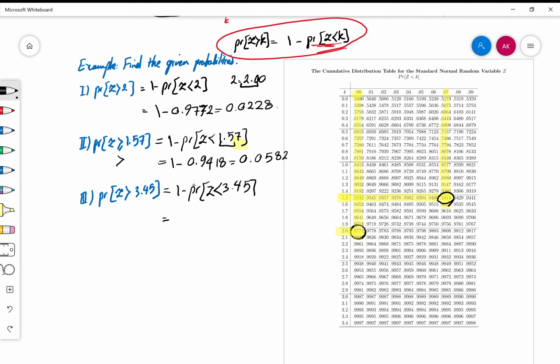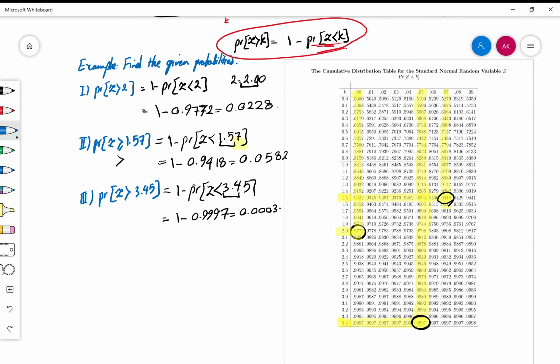I need to find 3.4 and then 0.05, so we go down here and then right here, and that's the number. 1 minus 0.9997 gives us 0.0003. That's the probability we were looking for.